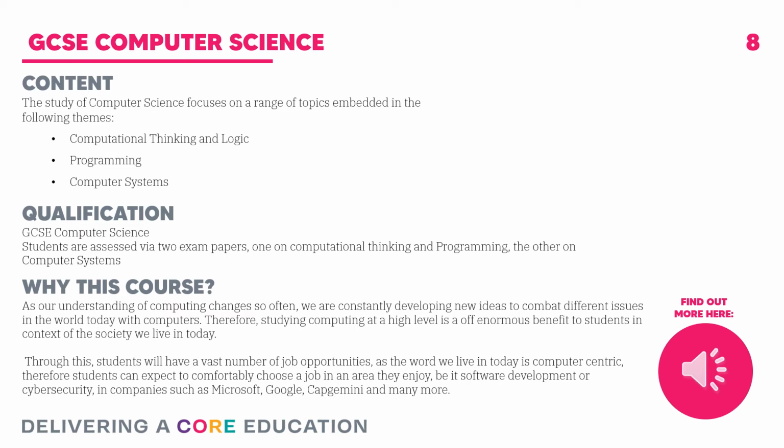Now, as our understanding of computing changes so often, we're constantly developing new ideas and trying to be innovative in the world that we live in today and the society that we live in today.